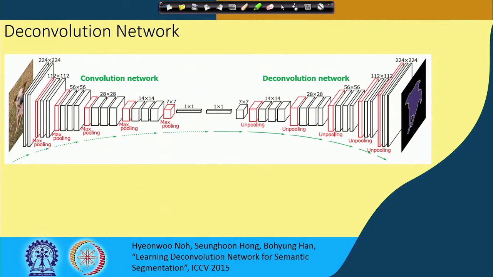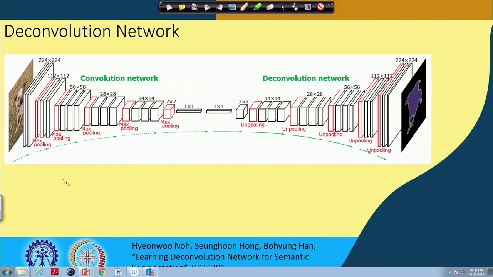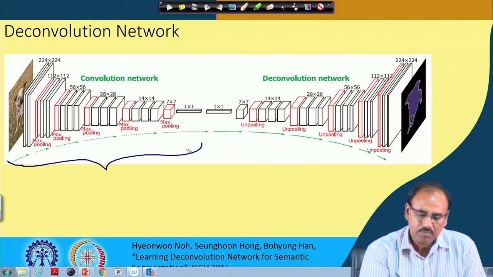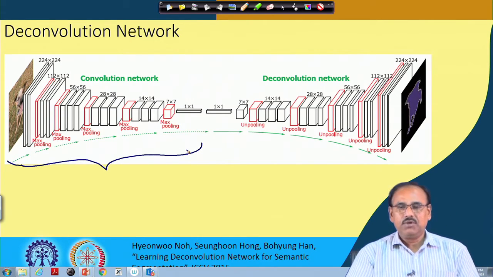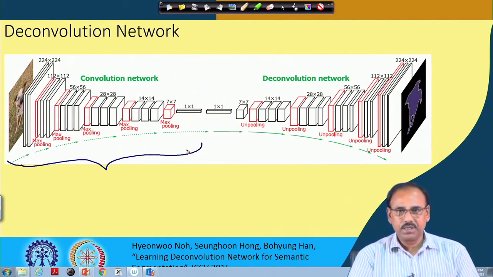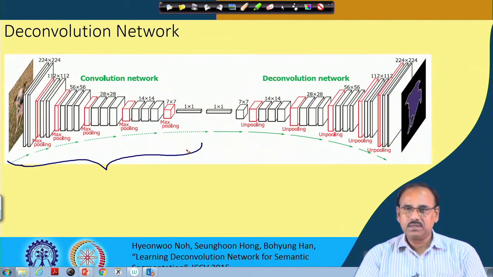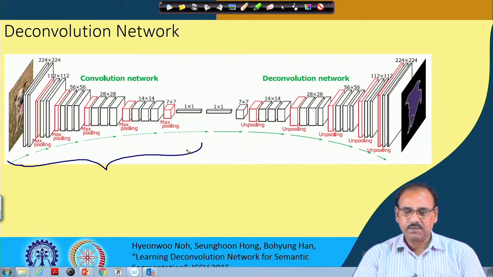In the deconvolution network, on the input side, we have a convolutional neural network, which, through the convolution operation and the max pooling operation, tries to find out the different features of the input image, and the features are extracted at different levels of abstraction. As you move into the deeper layers, you have the features extracted at different levels of abstraction.